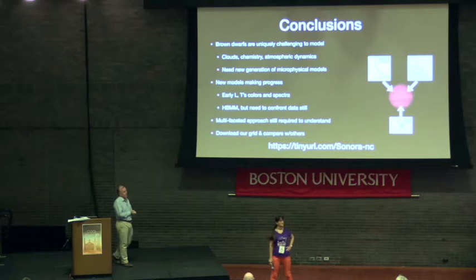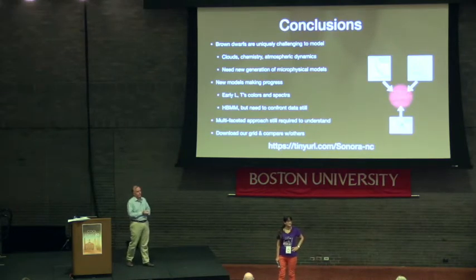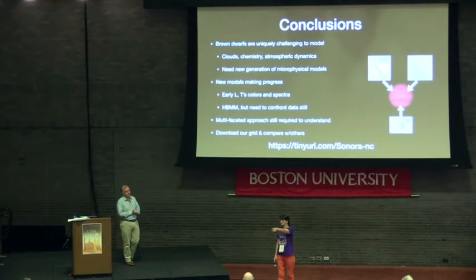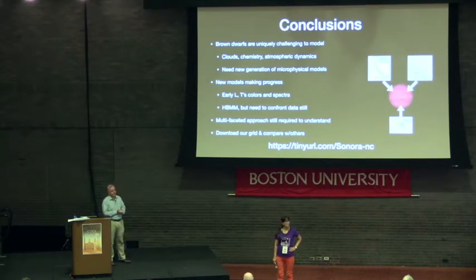Tzvi Maze from Tel Aviv University. Thank you for this very nice talk. Just a comment about fitting models to data and using the chi-square. This can sometimes be dangerous. First of all, because you have to assume a normal error.